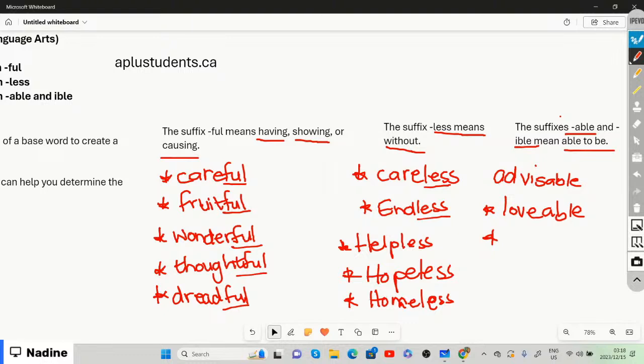We look at another word, right? Suffixes with able. Then we can say maybe desirable.